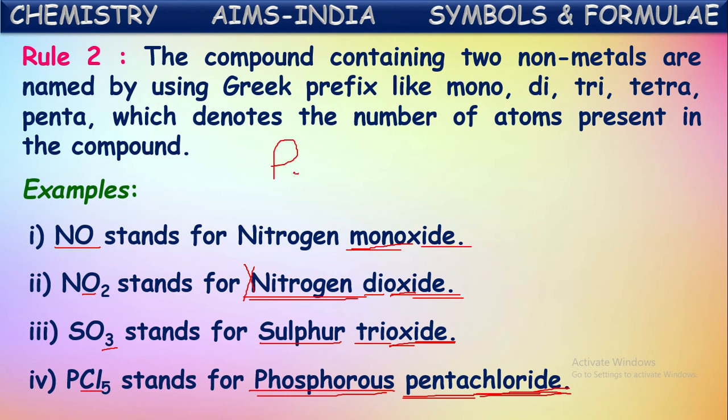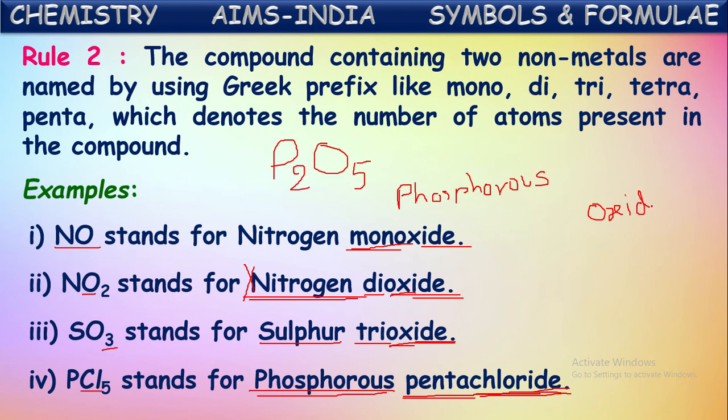Let us see one more example, the compound formed between phosphorus and oxygen. The first non-metal is phosphorus, so its name is written. The next non-metal is oxygen, so its name is written. But at the end of the second non-metal's name, ide is to be attached, by eliminating a few letters from oxygen.